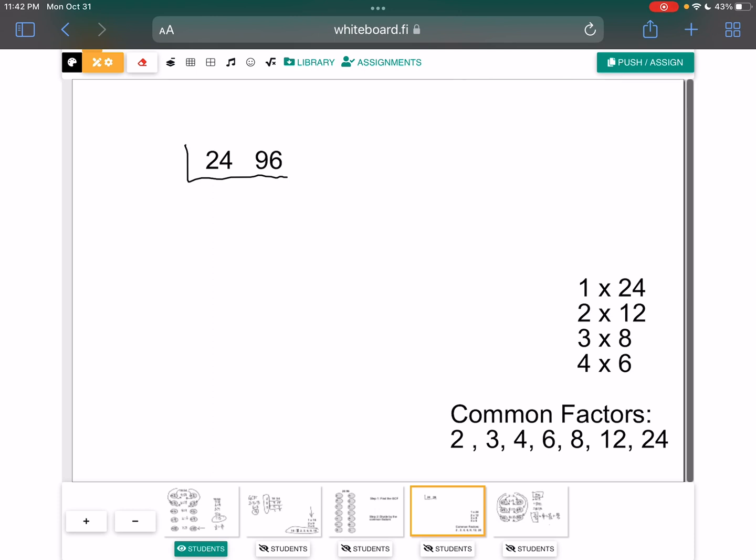Well, hopefully when you were dividing or doing your prime factorization, you were able to see that it broke down like this. Every time there's an even number, of course, you're able to divide by a 2.